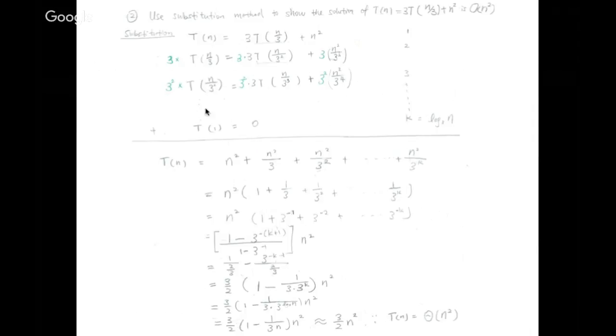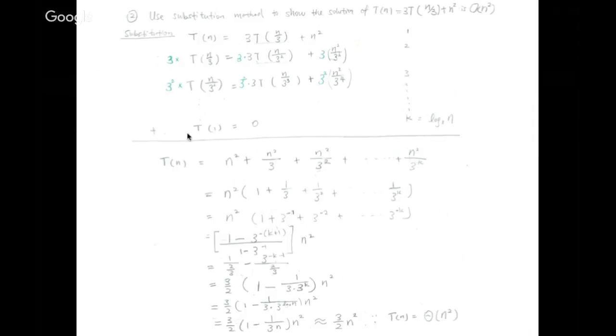Okay, anyway, so we do many more equations until we reach T(1) equals 0. Okay, so this is 3 to the power of k times equation k, and we know k because we divided each n by 3. So we know k equals log base 3 of n.